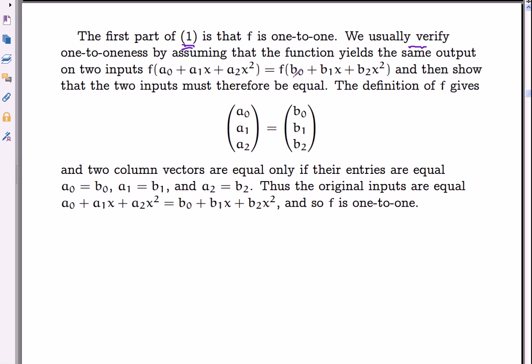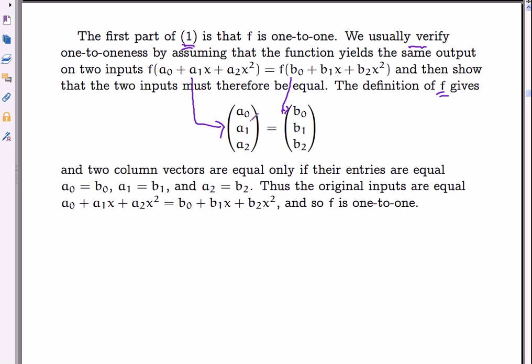So let's suppose that F of a0 plus a1x plus a2x squared is equal to F of b0 plus b1x plus b2x squared. Now the definition of F says that this polynomial is associated with this vector. Similarly, the definition of F shows that this polynomial is associated with this vector.